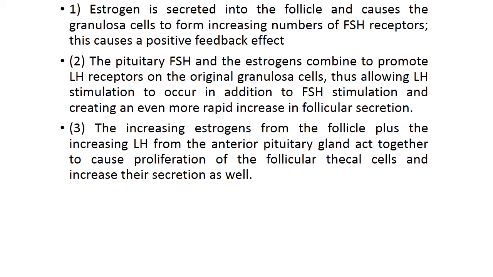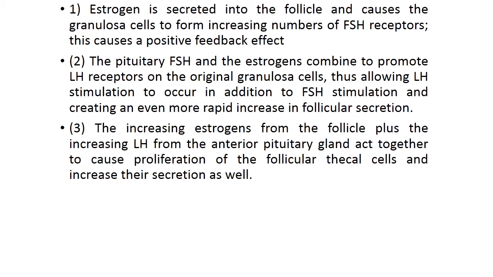So FSH is already being produced by the pituitary gland. This brings about growth of the follicular cells, and the follicular cells produce estrogen, which combines with the follicular stimulating hormone to produce luteinizing hormone receptors.